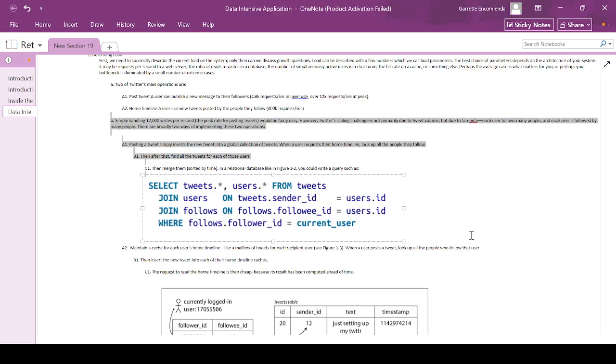There are broadly two ways of implementing these two operations. First, posting a tweet simply inserts the new tweet into a global collection of tweets.